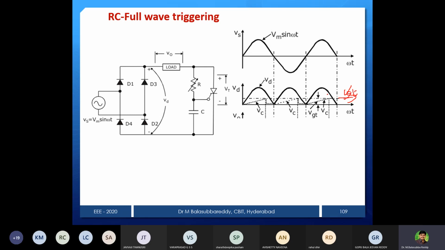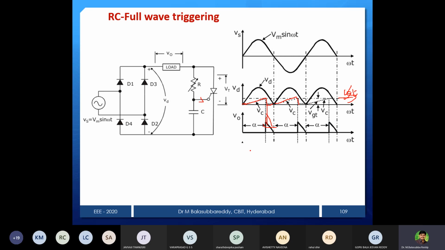Once the capacitor charging reaches VGT, automatically the gate current is IG minimum and the SCR is going to trigger. Now it is charging through RV only, and once it reaches VGT, the SCR will trigger and a firing pulse will be generated, and again it will hold a very small magnitude, or let it be 0. Again in the next positive half cycle it will charge and trigger, and so on.